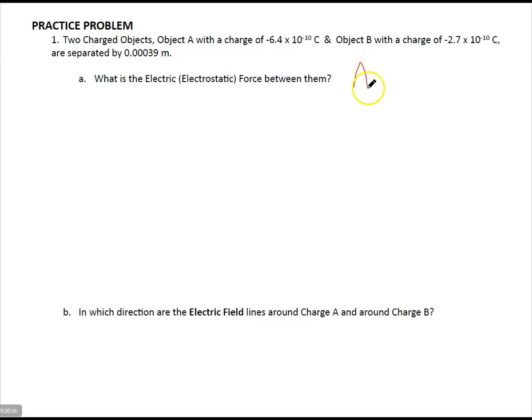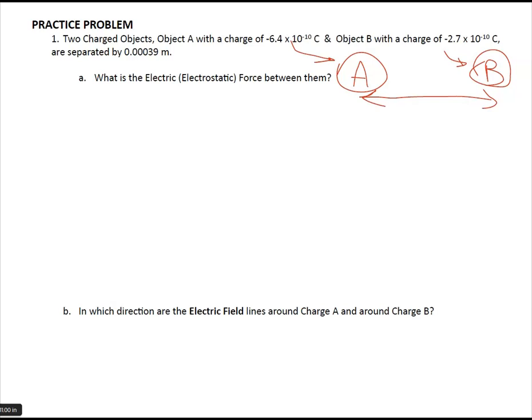And we have object A, and we have object B, and that's the charge for A, that's the charge for B, and we have a distance between them of 0.00039 meters. So how do we calculate the electrostatic force between them, the electric force between them? Well, we use Coulomb's law.